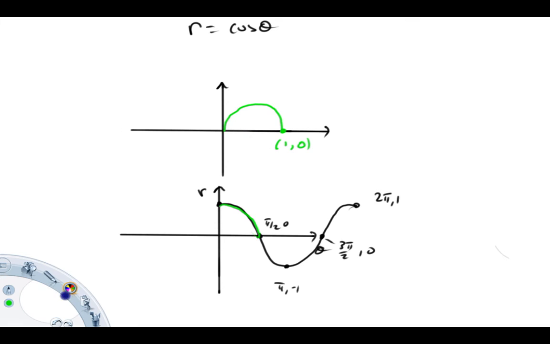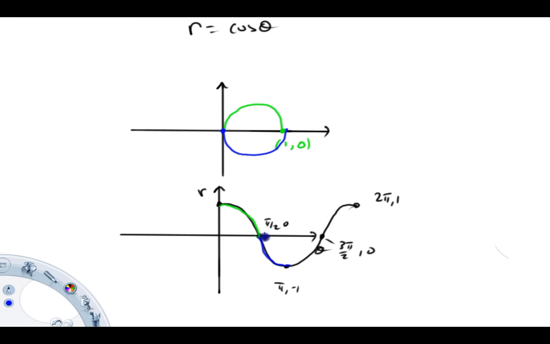So I'm going to do this in a different color so I can code this. From pi over 2 to pi, the radius goes to negative 1. So starting at 0 at pi over 2, the radii are negative, going to negative 1. That's actually going to do this, and that's going to correlate to this part of the curve, to that point right there.